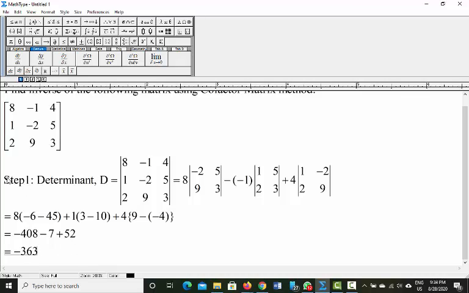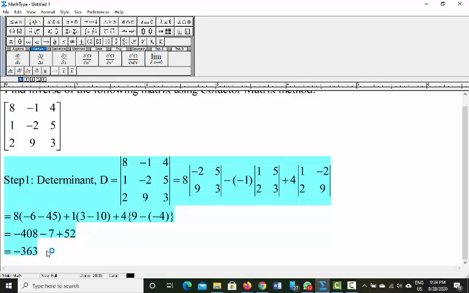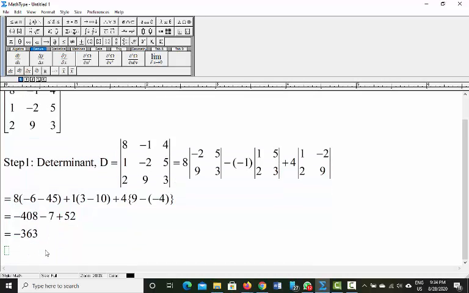That's step 1. If you want to find the inverse of a matrix using the cofactor matrix method, in step 1 you need to first find the determinant of the matrix, right?